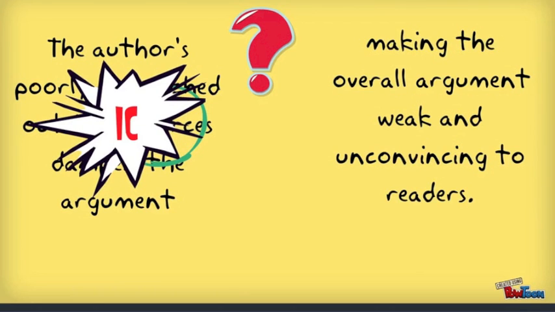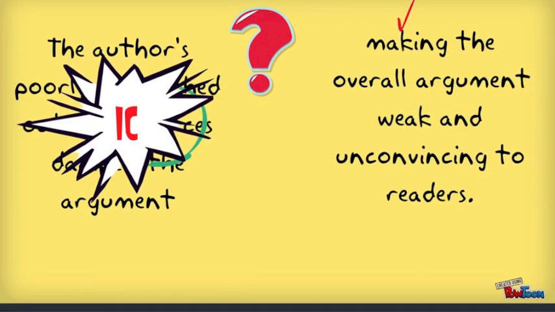Now let's look at the other half of the sentence. Press pause so you can identify the verb-subject pair. So you should have identified the verb as making. Now who or what is making?